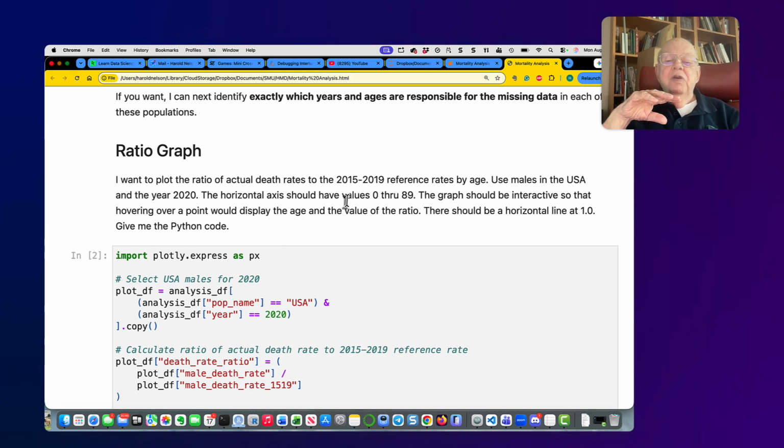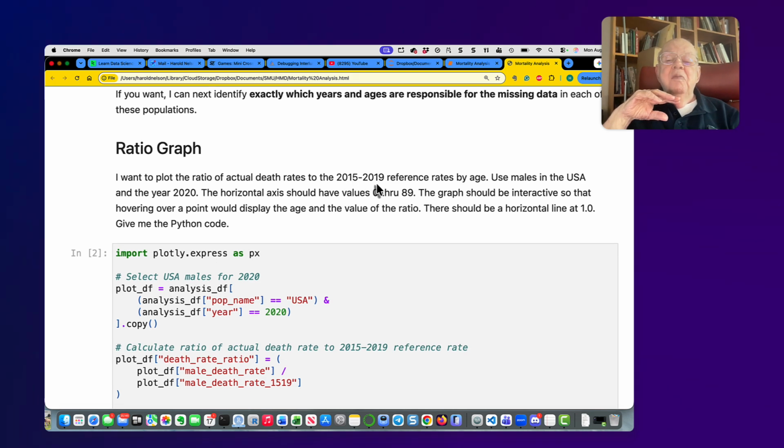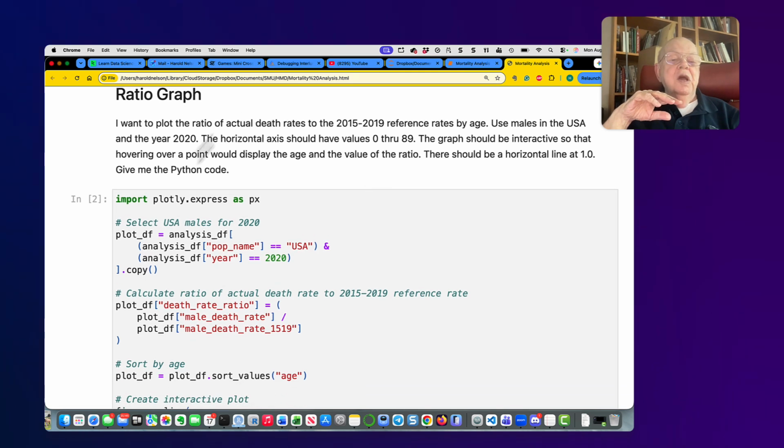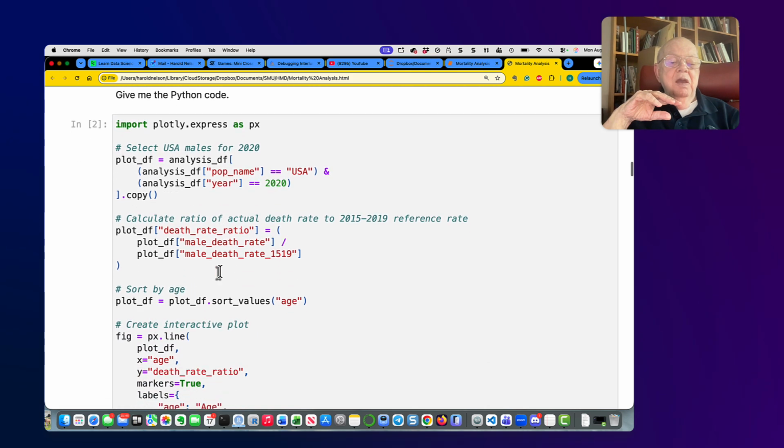And I took the mortality rates from 2015 through 2019, and I'm going to use the mean value of the mortality rates in that time period for comparison to see what the total impact of COVID was on our mortality rates. This is what I fed in English, and this is what the large language model gave me back in Python.